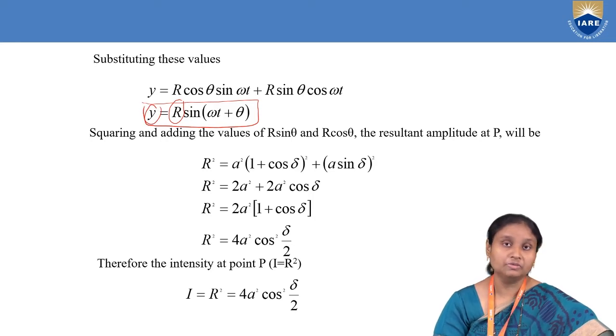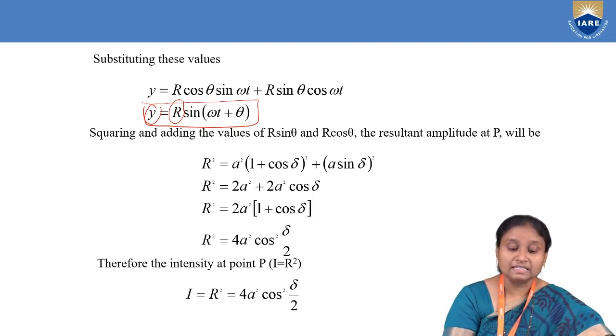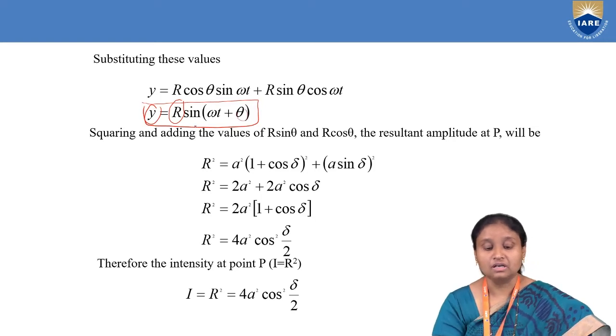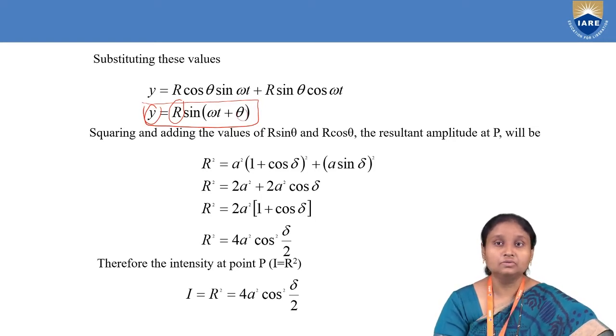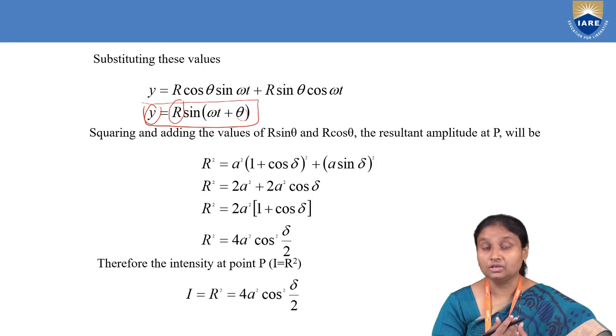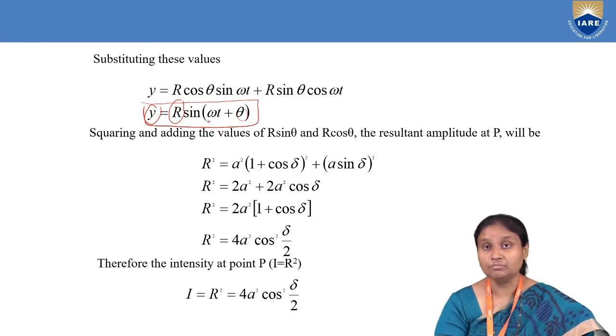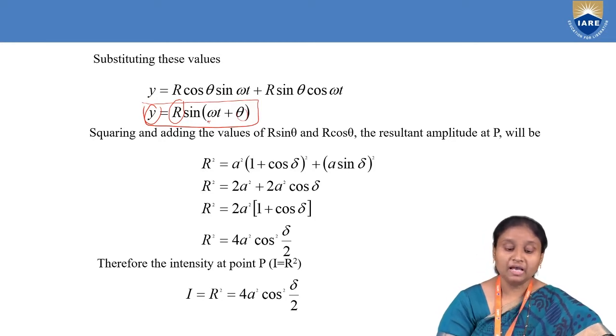Both of them are coming from two coherent sources, but they are reaching the same point on the screen. That resultant displacement's phase is given in terms of theta. And as you have seen, the two individual waves y1 and y2 that we have taken have the same angular frequency omega and also the same amplitude. So we end up having a resultant displacement like this.